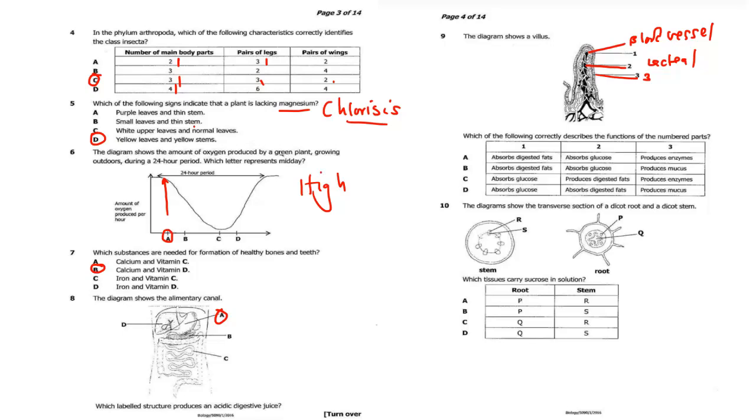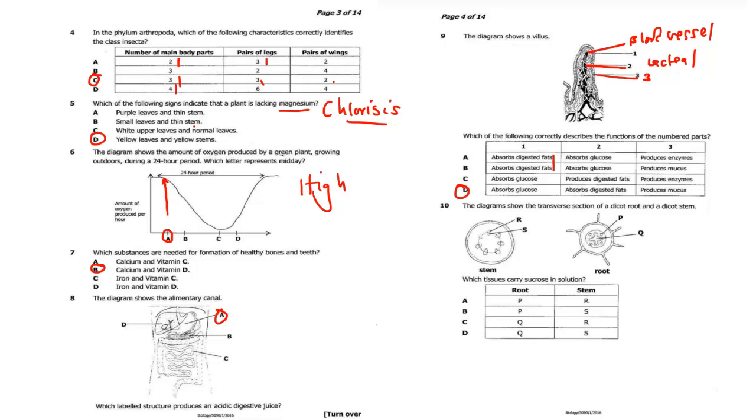Absorb digestive fat is done by the lacteal. Absorb glucose, yes. Does 2 produce digestive fat? No, it absorbs. So glucose absorbs digestive fats, then produces mucus. So the answer here we can go for D.